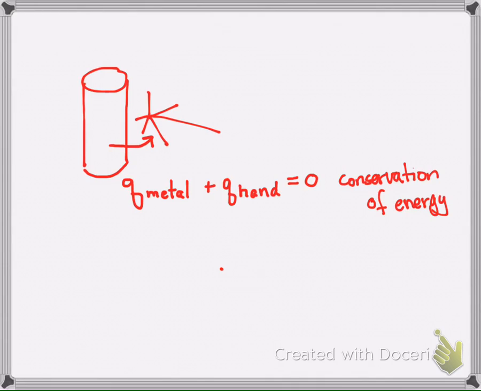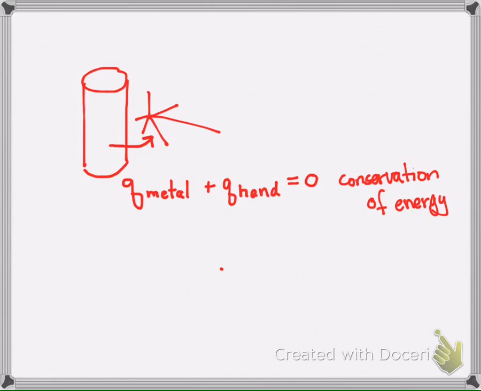Now, is it the only 2? Is your hand and that piece of metal the only 2 things in your universe? There's a lot of stuff, right? So the number of Q's that go in there is a lot. All right. Now, if I wanted to know how much energy left the metal, I would have to measure it directly somehow, or I could measure all the other stuff.